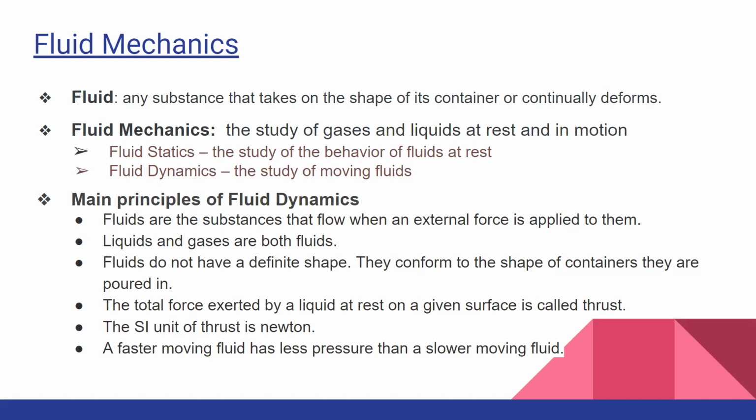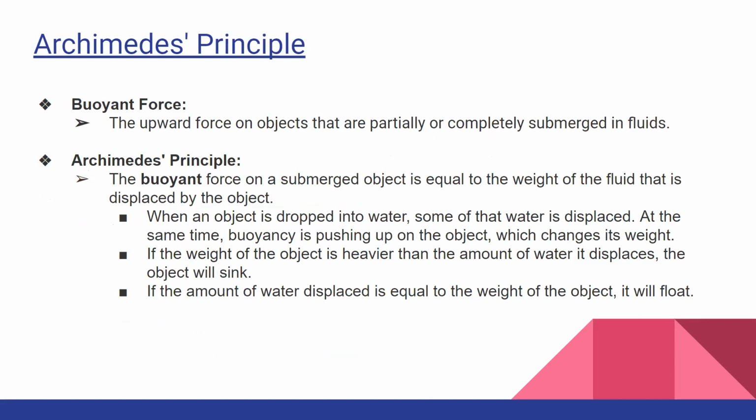We will also talk about Archimedes' Principle. You've probably heard this before. It's that age-old story of Archimedes, a great mathematician at the time when classical civilization was in its dominance, basically at the time of the Greeks and Romans, around the 200s BC.